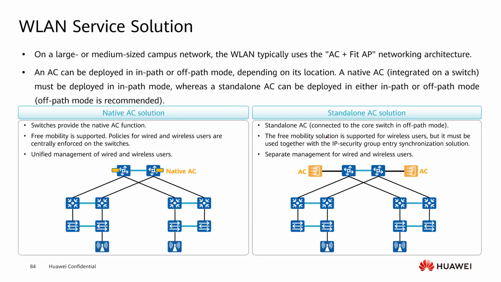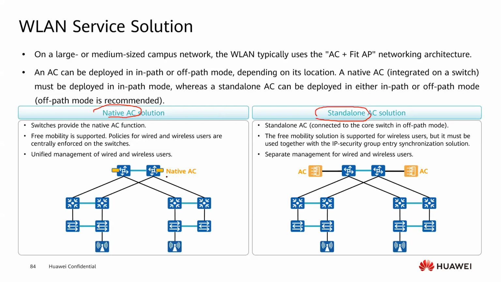So in this scenario, we only talk about the dual-line network mode we will use in the large and medium-sized network scenario. And there are two dual-line solutions. One uses the native AC, and the other uses the standard AC.